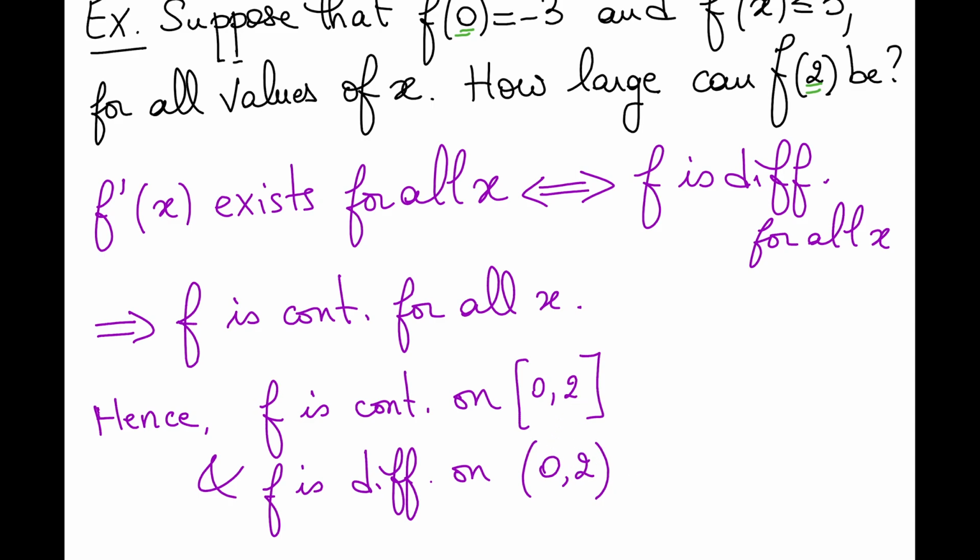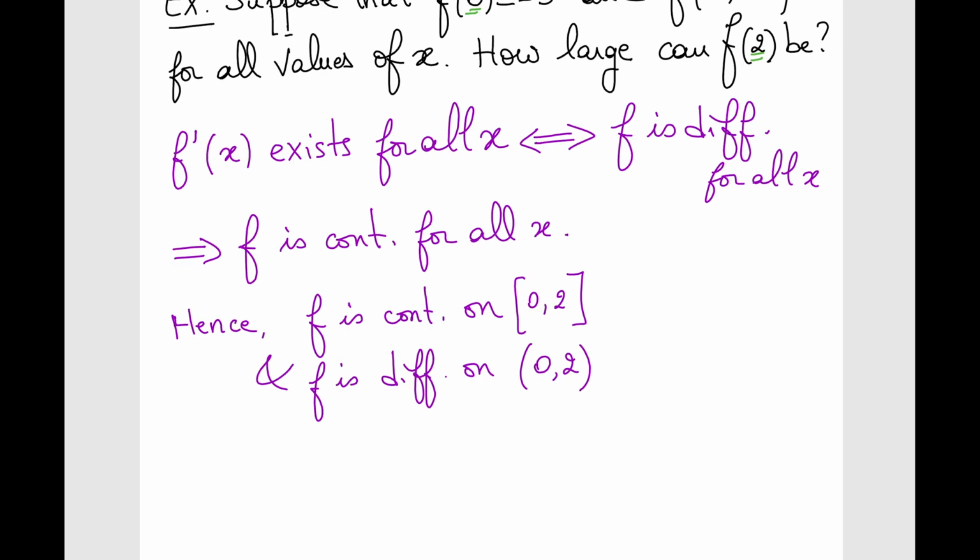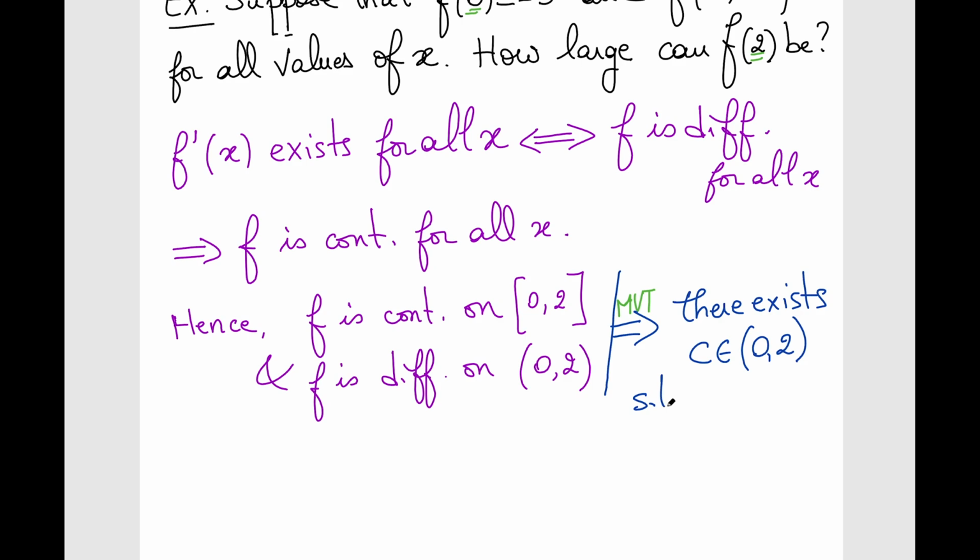So these two imply, by the mean value theorem, that there exists a number c between 0 and 2 with the property that f of b minus f of a is equal to f prime of c times b minus a, right?